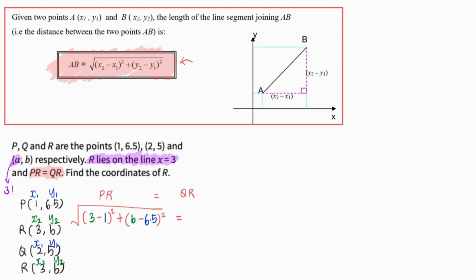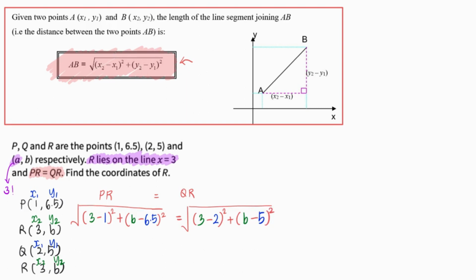On the other side of the equation, you would see 3 minus 2, bracket square, plus b minus 5, bracket square. So now my next job would be to simplify this.